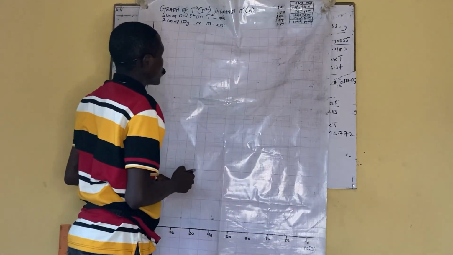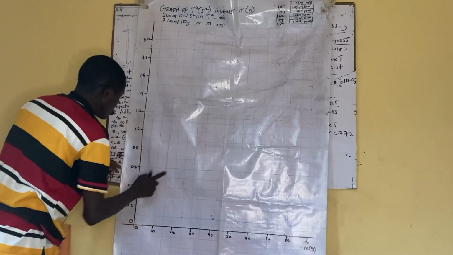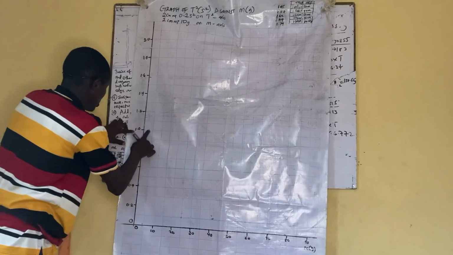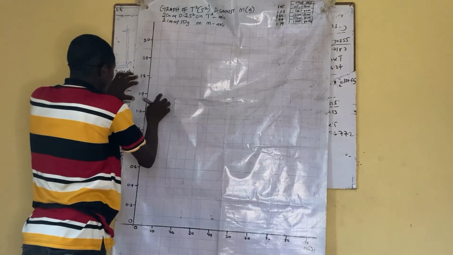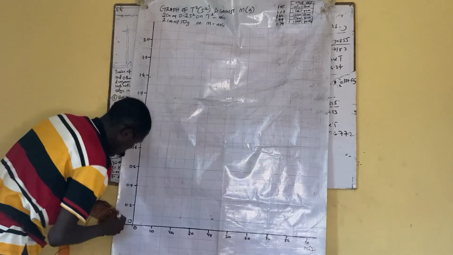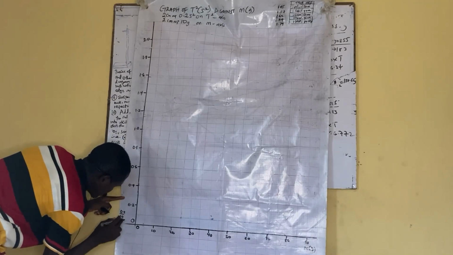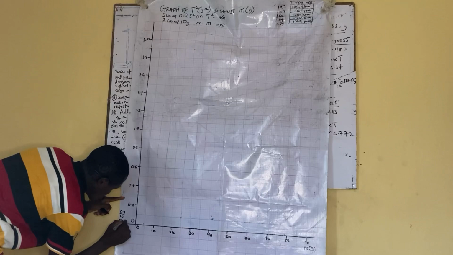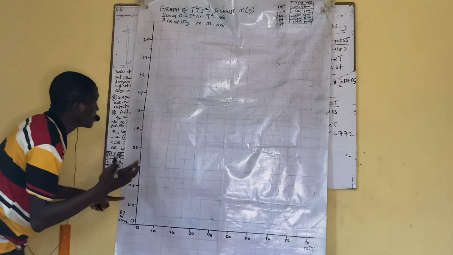So 1.45 against 20. Now this is 20 here. This is 1, 1.2, 1.4. We know this one is 0.2, right? 0.2 divided by 10 will give you 0.02, meaning each small box here represents 0.02.